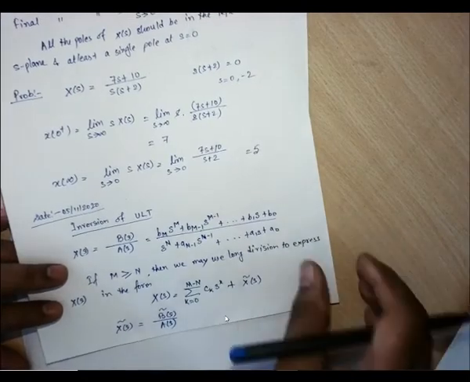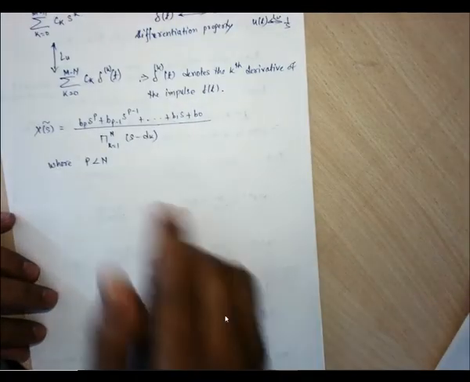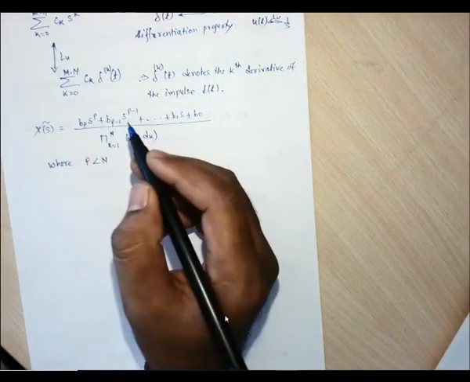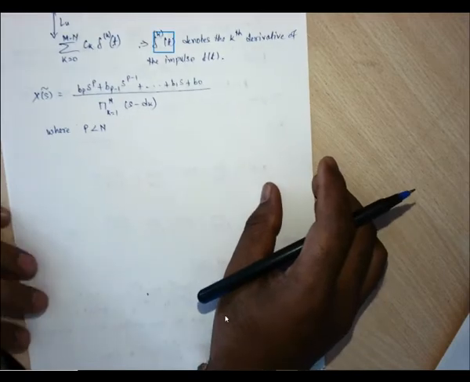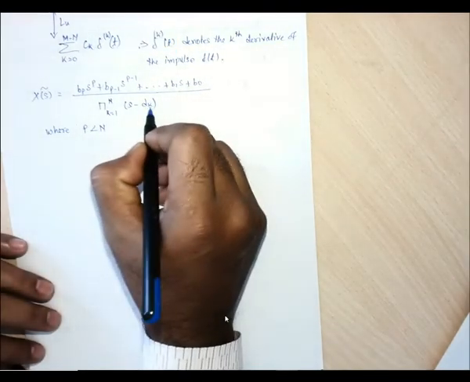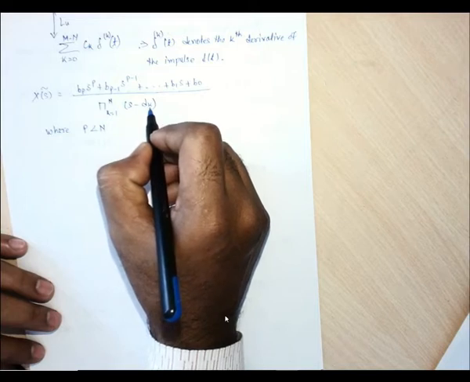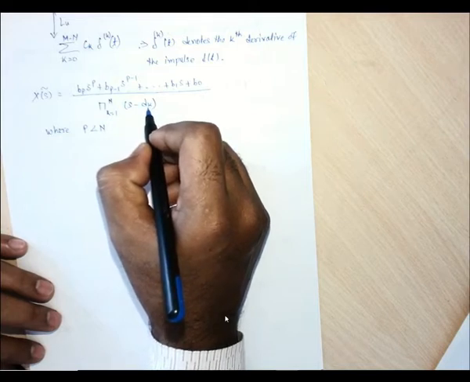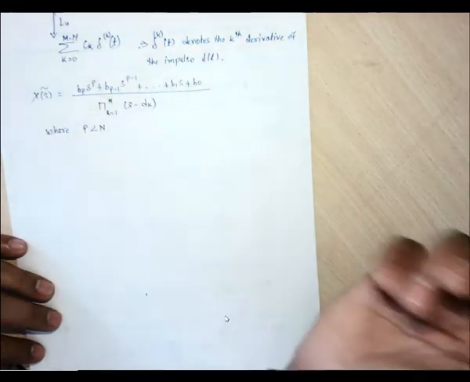Now after division, we find that the order of the numerator becomes less than the order of the denominator. Now if all the poles dk of this denominator are distinct, then using partial fraction expansion we can rewrite this whole Xs.